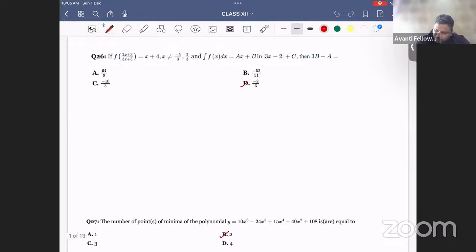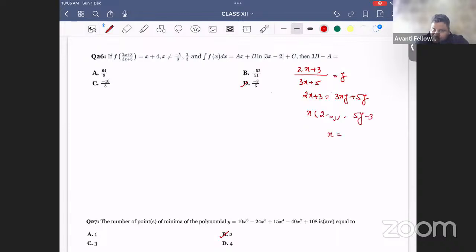So what I do, let us assume 2x plus 3 upon 3x plus 5 is some y. Got it? Cross multiply. So 2x plus 3 will be 3xy plus 5y. So x times (2 minus 3y) is 5y minus 3.